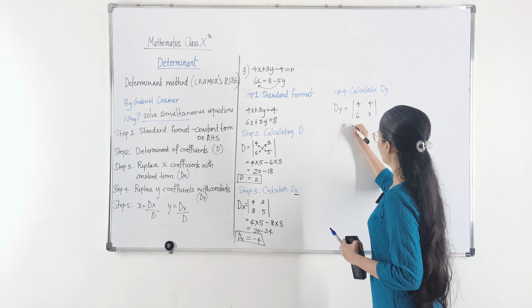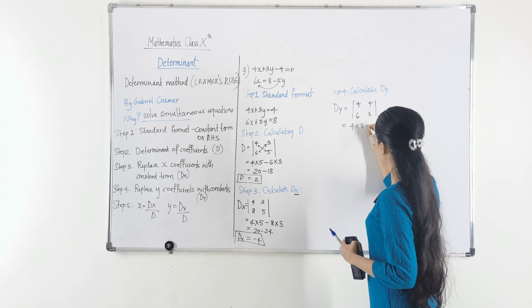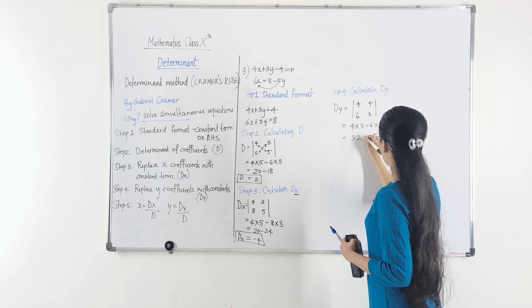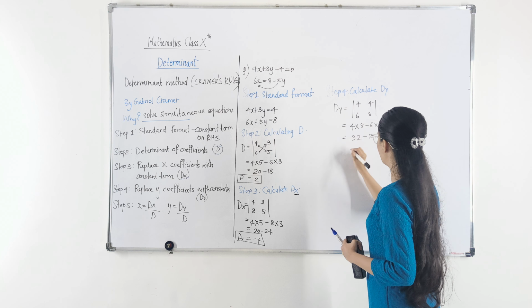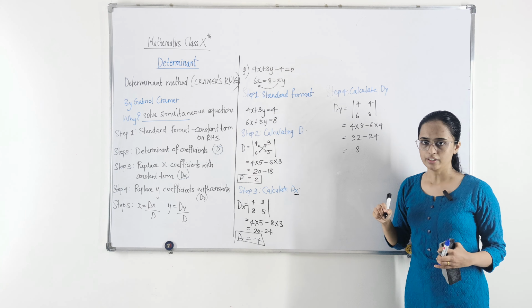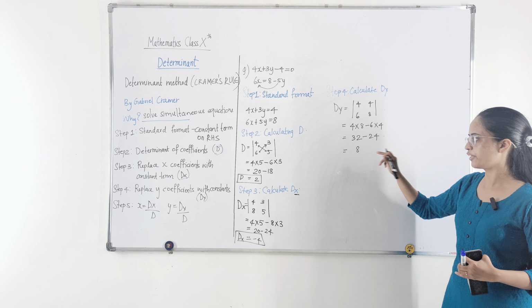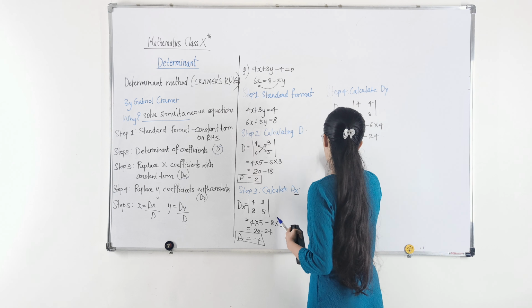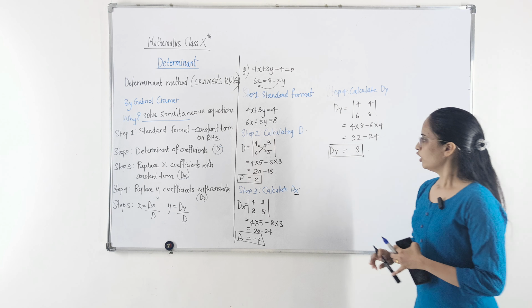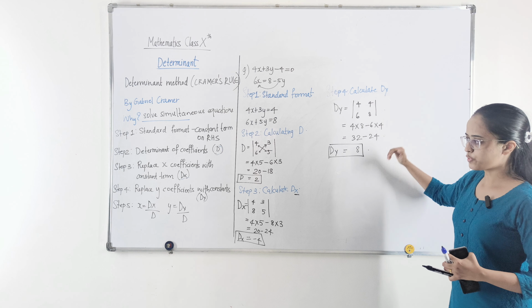So we would be getting 4 into 8 minus 6 into 4. So we'll get 32 minus 24, and that is equal to 8, right? This is the value for dy, right? So with this we come to the end of step number 4.